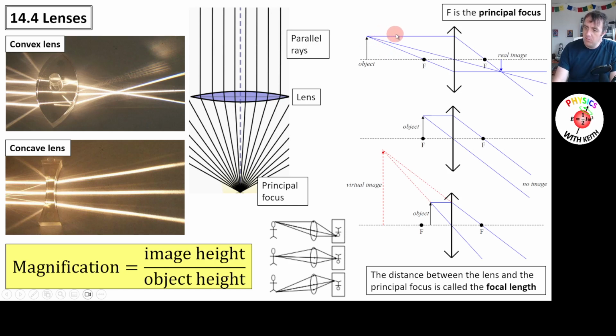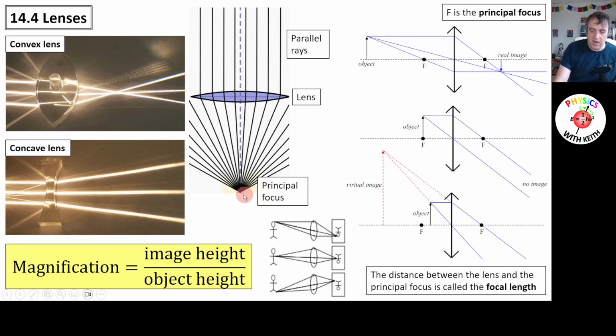Principal ray number one: we're taking one of the infinite rays, we're choosing the ray which is parallel to the principal axis, that's this dotted line going down the middle of the lens, parallel to the principal axis, and then the ray changes direction and passes through the focal point on the far side of the lens.